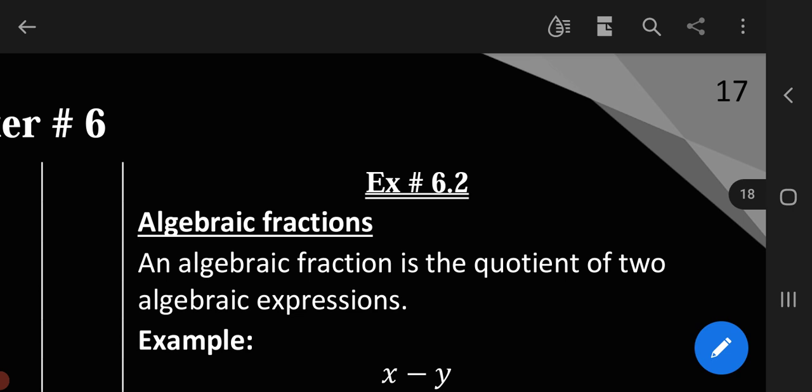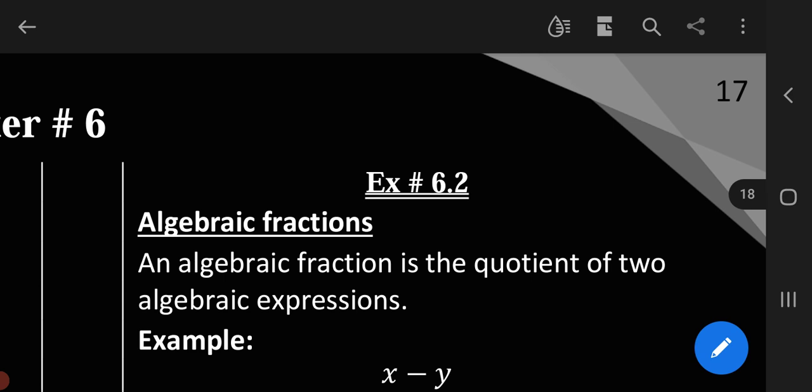In an algebraic expression there might be a coefficient, which may be any number, positive or negative. There must be a variable and there must be a power. In an algebraic expression the power may be positive, negative, a fraction, or in decimal form.